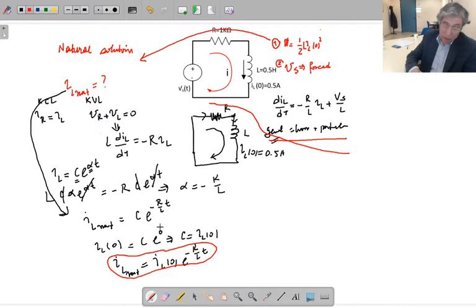So okay, we said this is the natural solution, and the forced solution I am going to explain next time. Add them up, natural solution plus forced solution gives you the general solution.